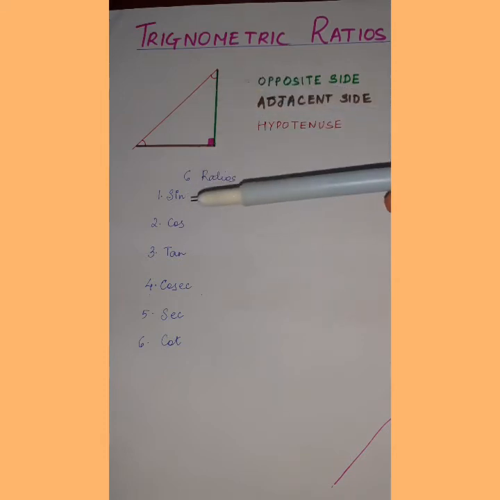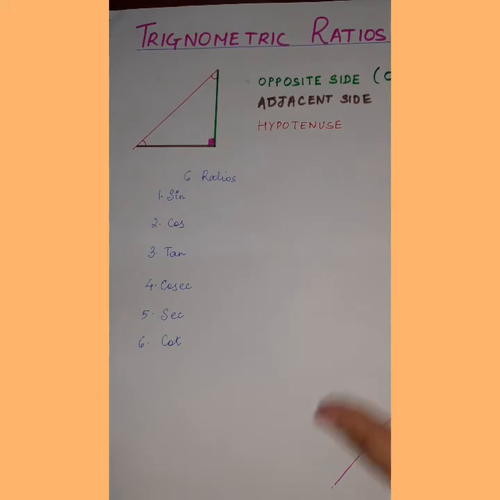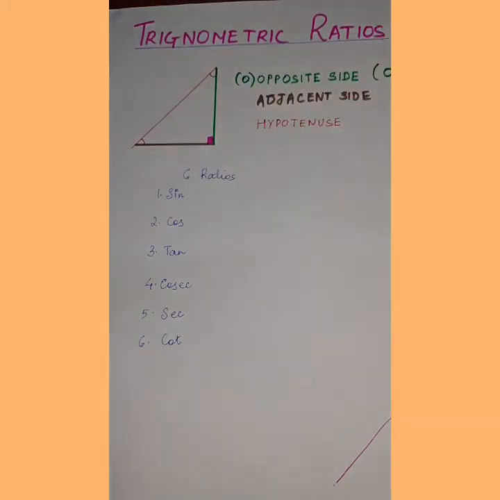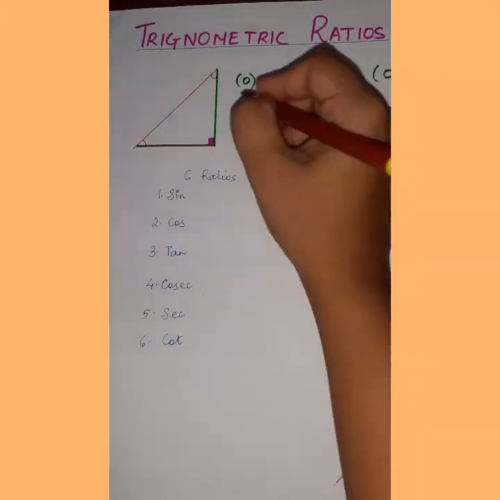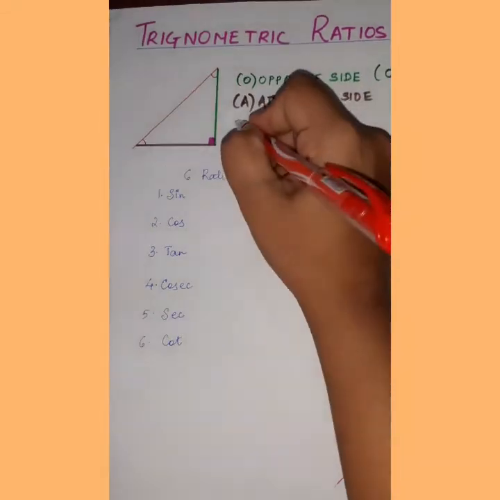So the ratio of sine will be opposite side upon hypotenuse. I'm just going to abbreviate opposite as O, adjacent as A, and hypotenuse as H.